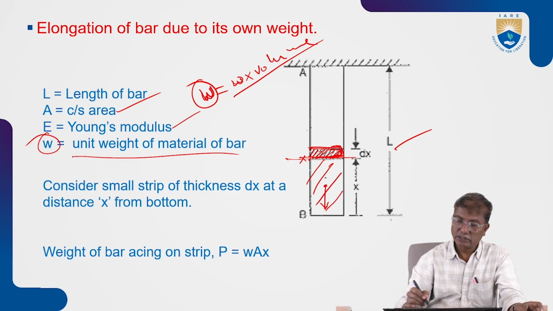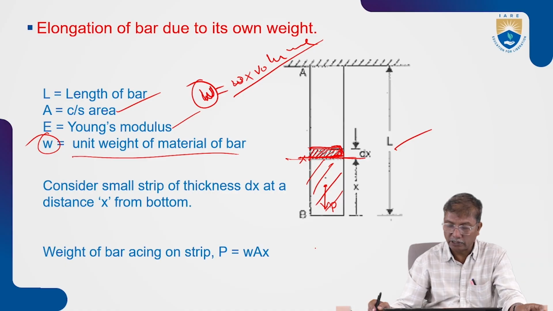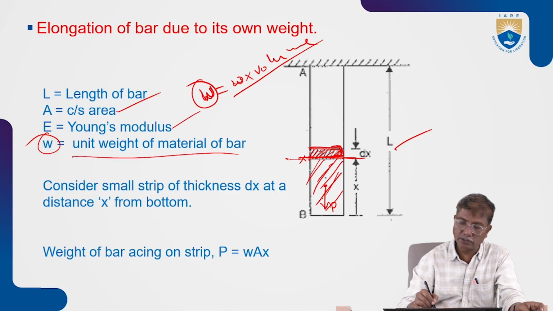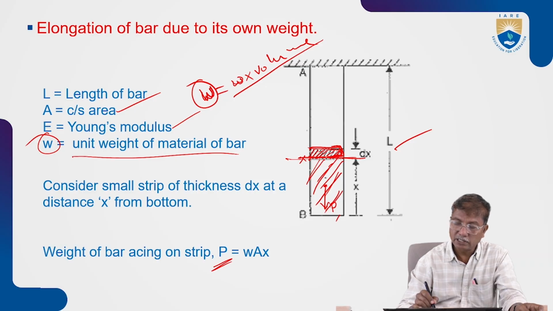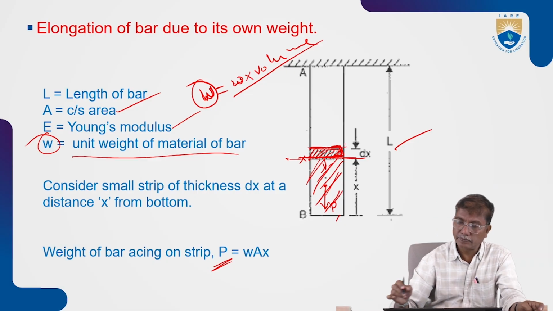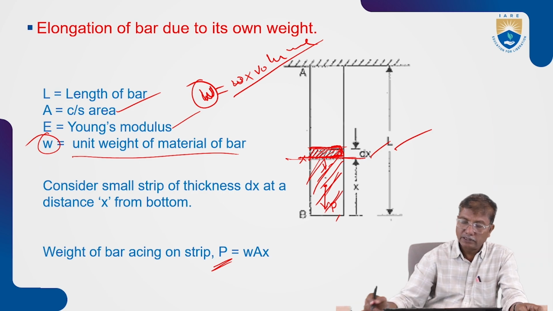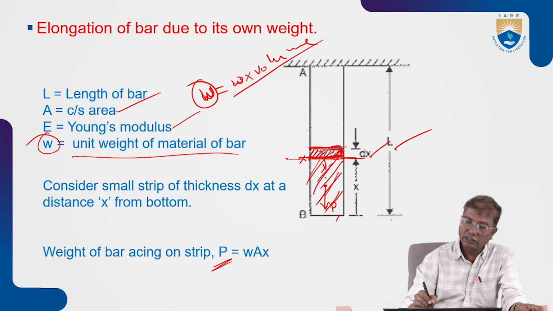Because at this section you will have a downward force P, which is the weight of this hatched portion. Okay, understand? So this will be acting here at this section, which causes the elongation of this elemental strip. So what is the length of elemental strip? dx.